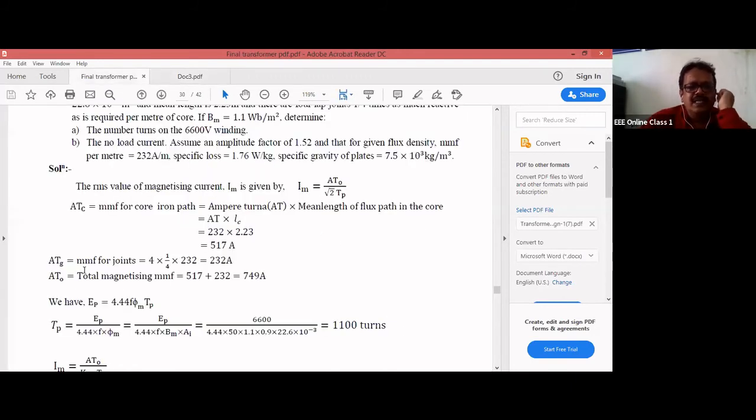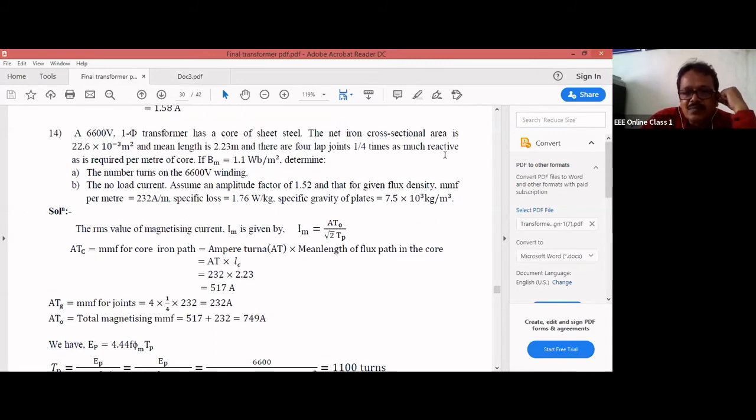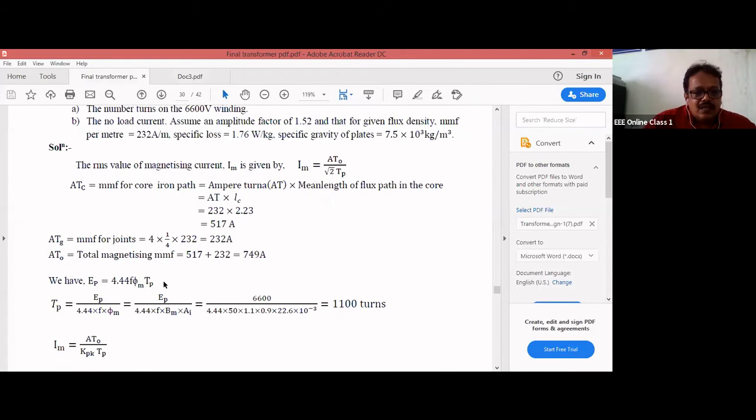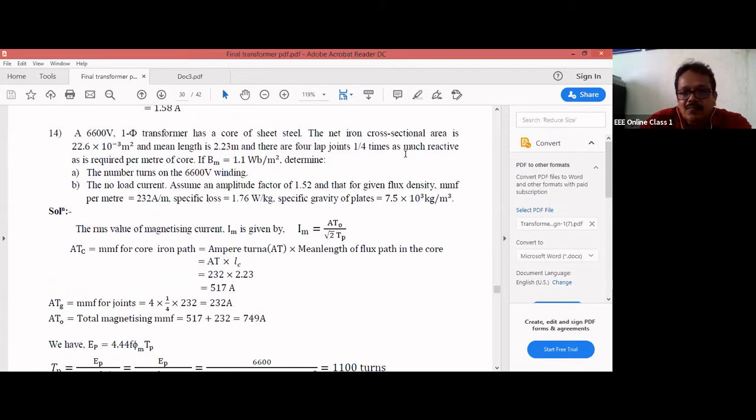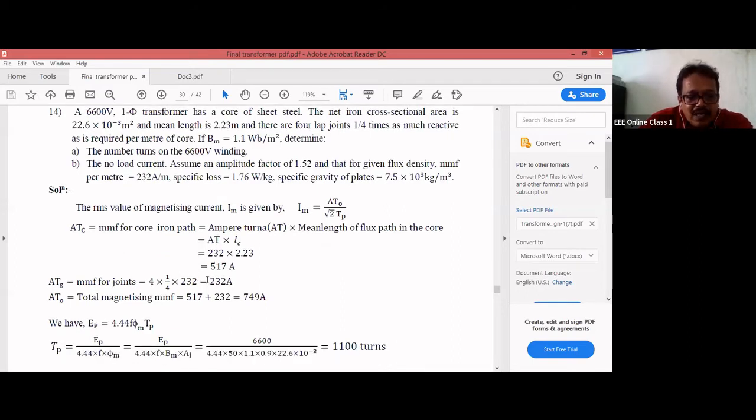So the ampere turns for the joints: you take the same value as for the core iron path, as he told in the problem, as much reactive as is required per meter of core. So 4 lap joints, 4 into 1/4 times 232.